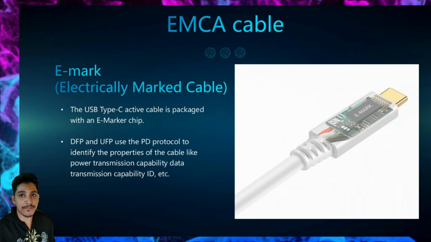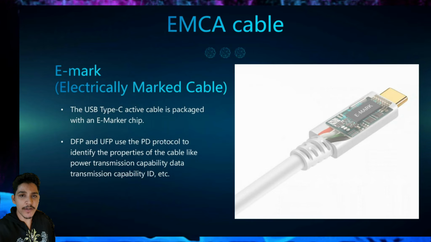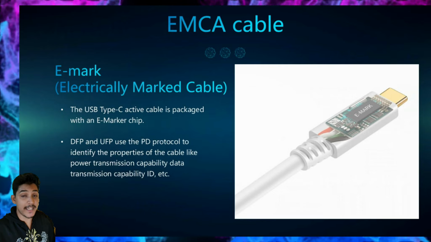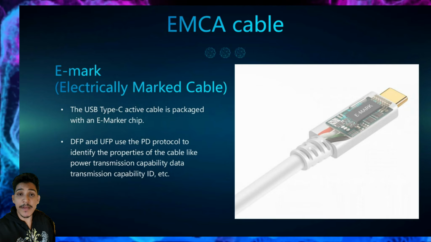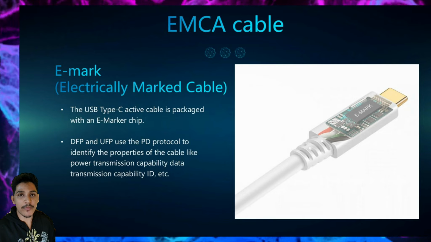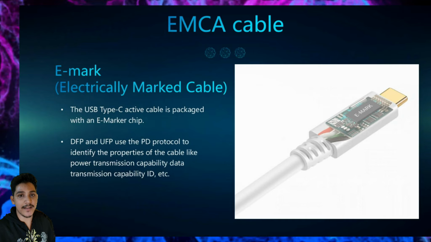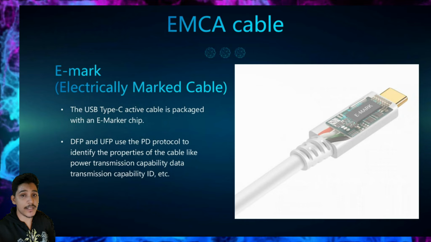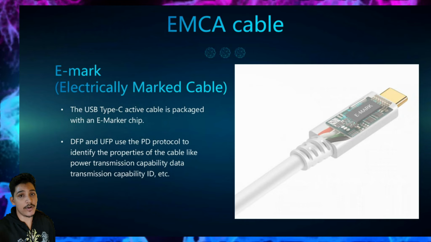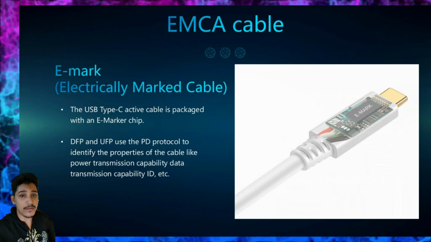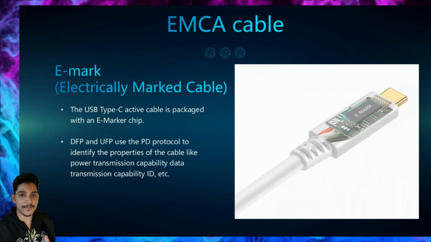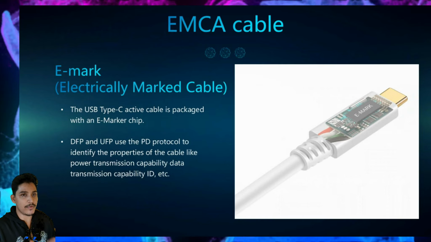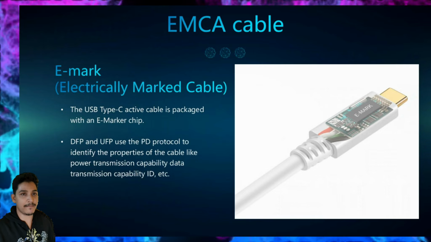The chip gives information about the device ID, the cable ID, and the basic requirements: how much voltage it can withstand, how much voltage it can transmit, and how much current it can handle. Only if we get confirmation from the EMCA can we transmit 100 watts, or else our normal USB cable will burn. So the EMCA cable is very important as a security measure, because we cannot just transmit 100 watts of power over a normal USB cable; it will end up burning.